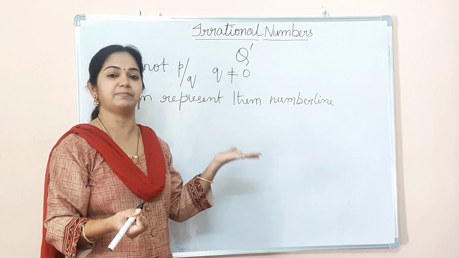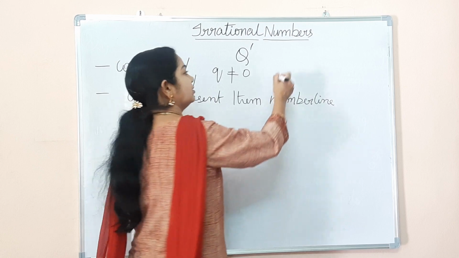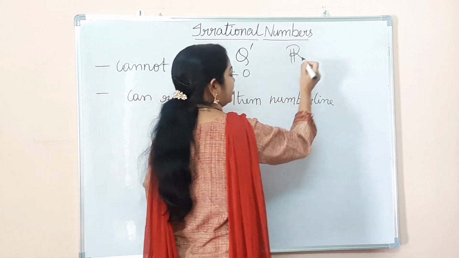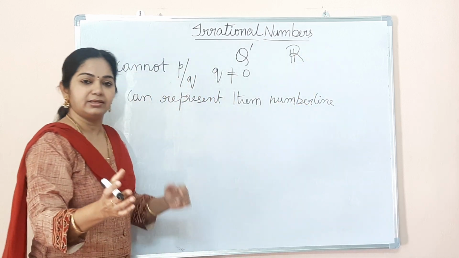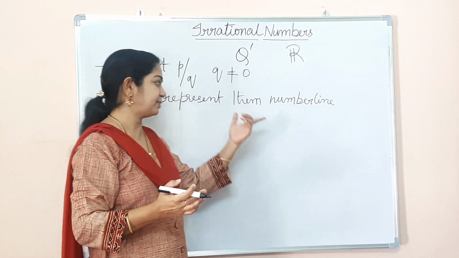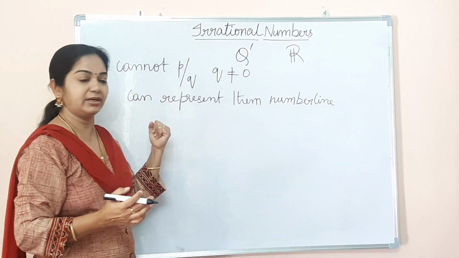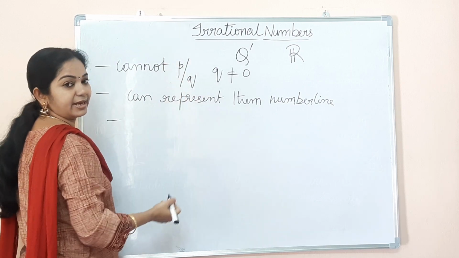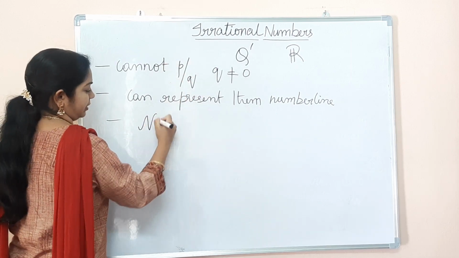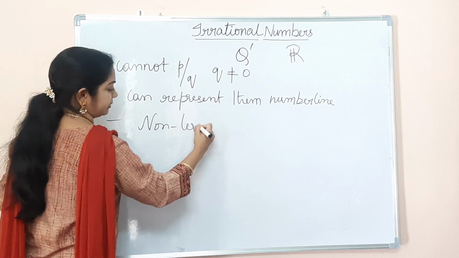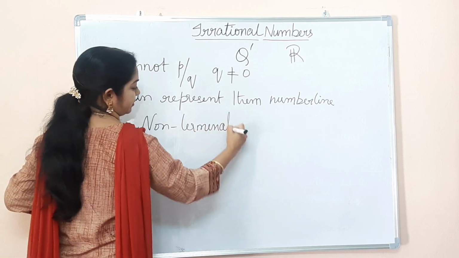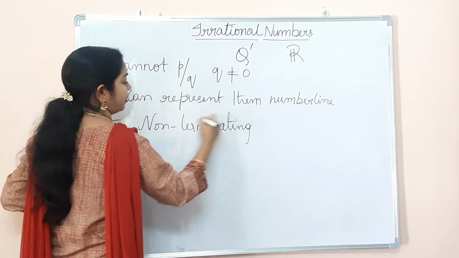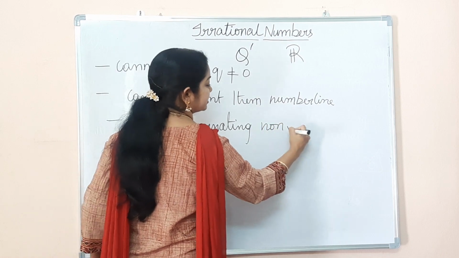That means we can represent the real numbers on the number line. You have studied this in your 9th class first chapter. Then the decimal expansion of the irrational numbers is always non-terminating, non-repeating decimals.